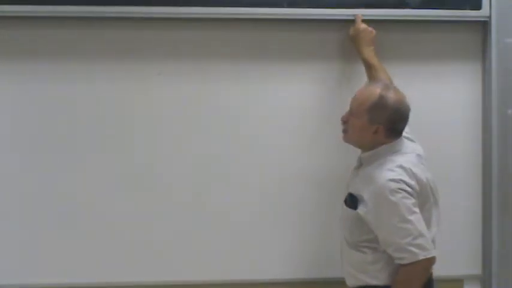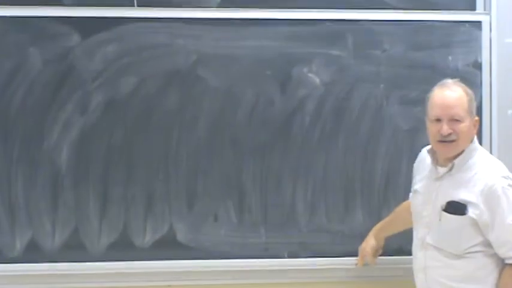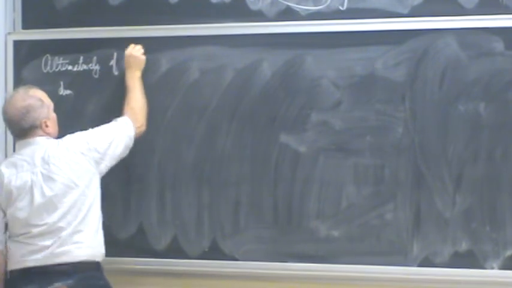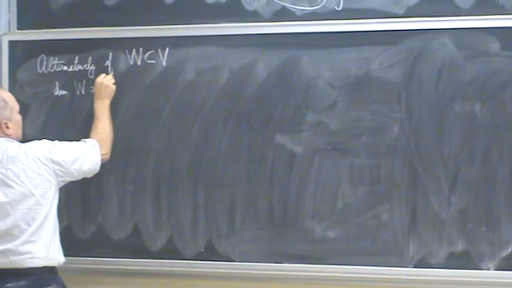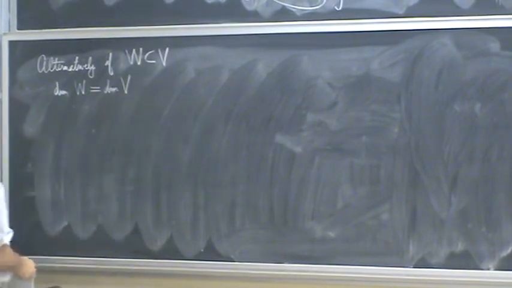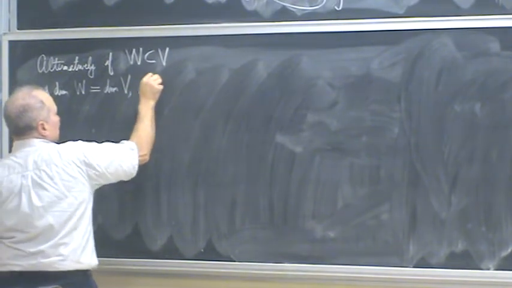Remember we said if W is a subspace of V and the dimensions are the same, then what has to be true? They have to be the same.